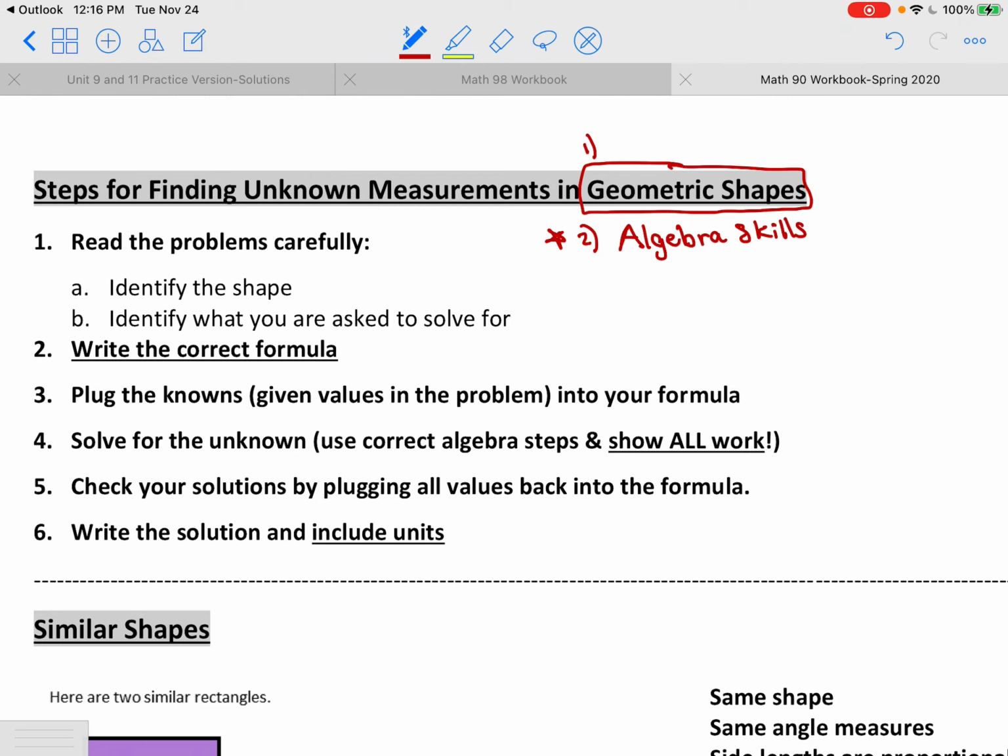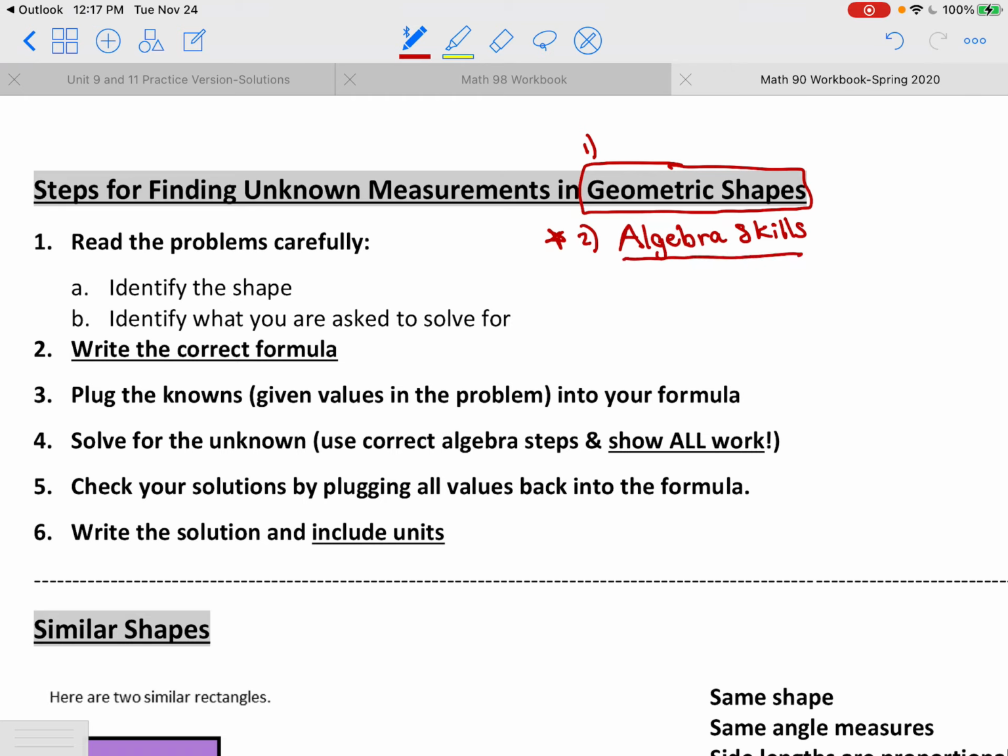When we're talking about geometric shapes, we call them formulas because they have more than one variable. So we're setting up these formulas, and then we can plug in given values and solve for the missing side length.